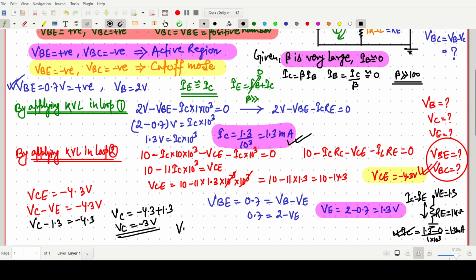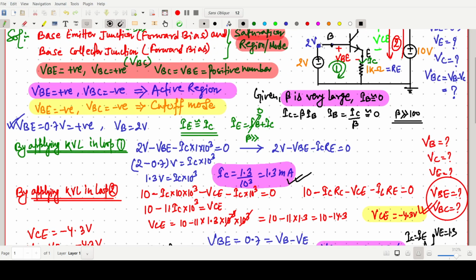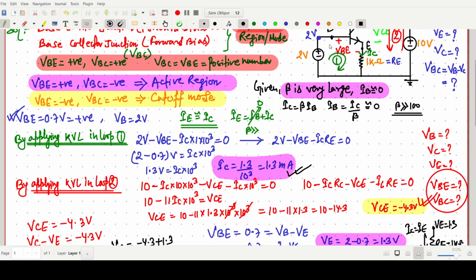Now what we have to find? VBC. VBC is VB minus VC, base to collector voltage. VB is already given as 2 volt; you have to know the network concept, this potential will be 2 volt.